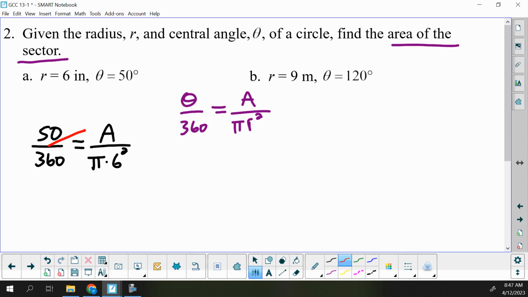We're going to cross multiply, so going this way we have 360A. Going the other way, we have 50 times pi times 6 squared. So it does not say to round, so we're going to keep this in terms of pi. So we'll have the pi at the end. And on your calculator, you're just going to do the 50 times 6 squared. And we'll give you a moment to do that on your calculator.